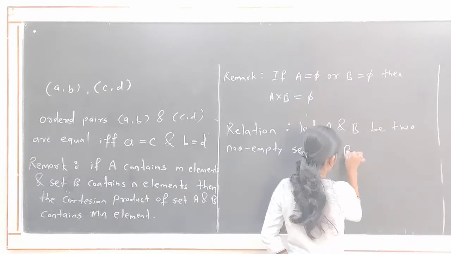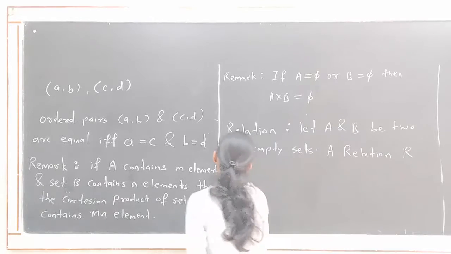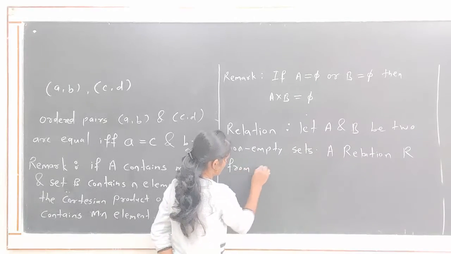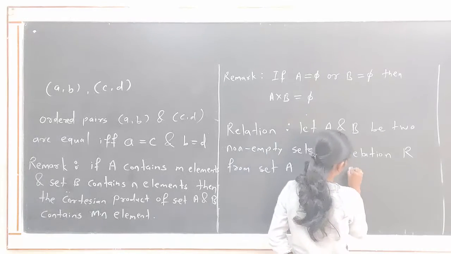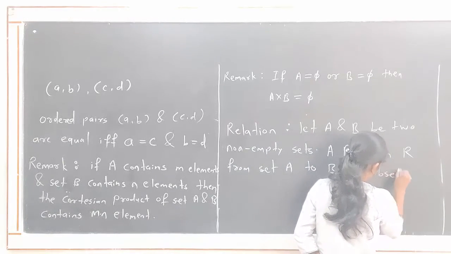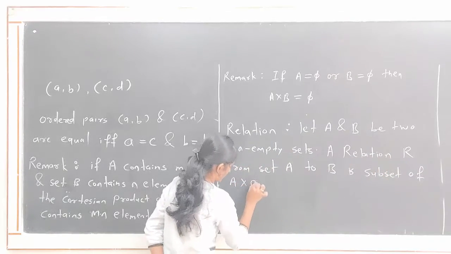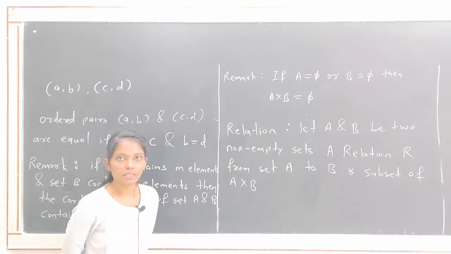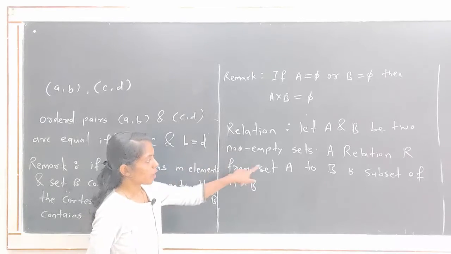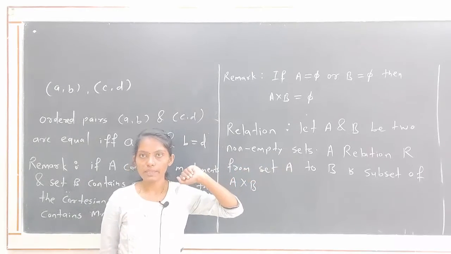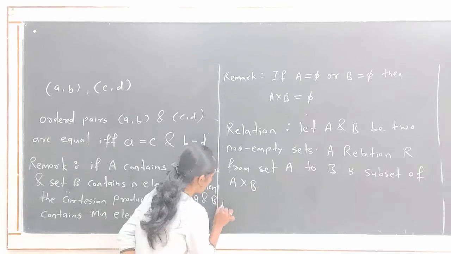A relation R from set A to B is a subset of A cross B. So here we consider two non-empty sets and a relation R from set A to set B is a subset of A cross B. Okay, so here write down remark.